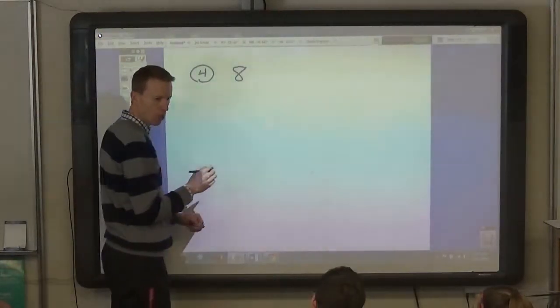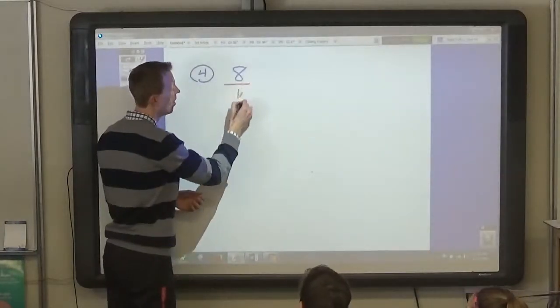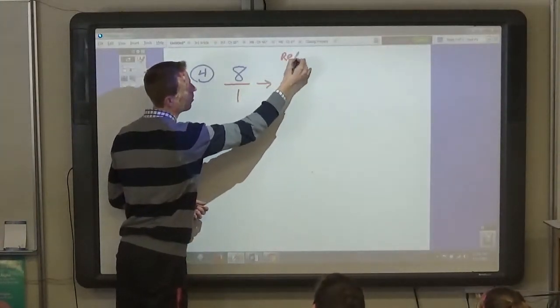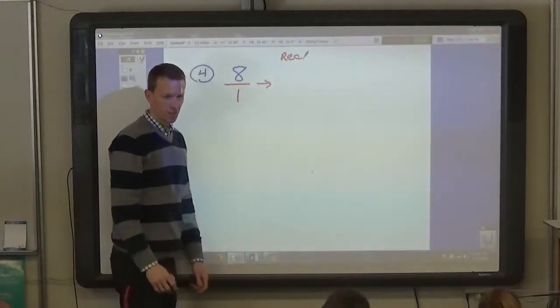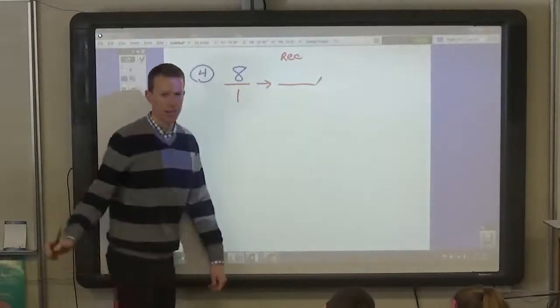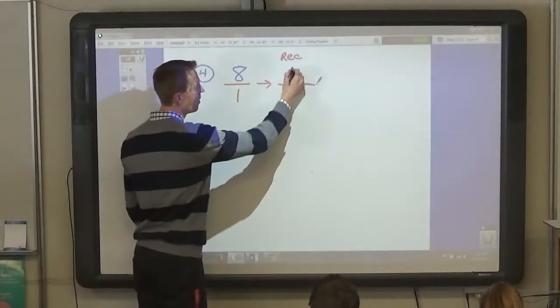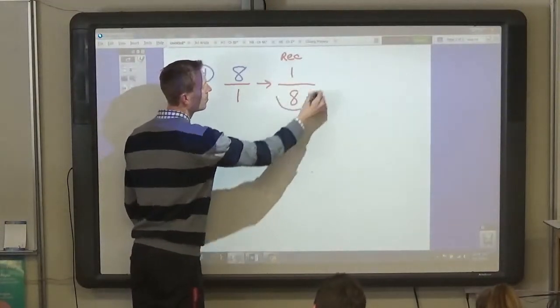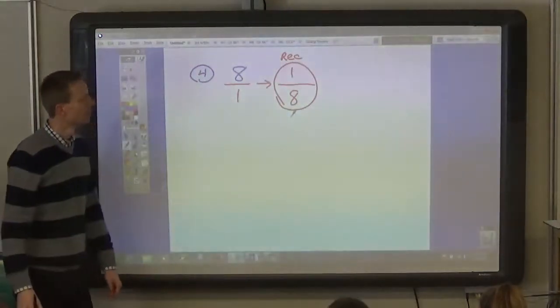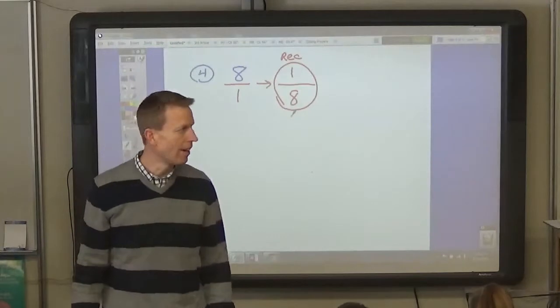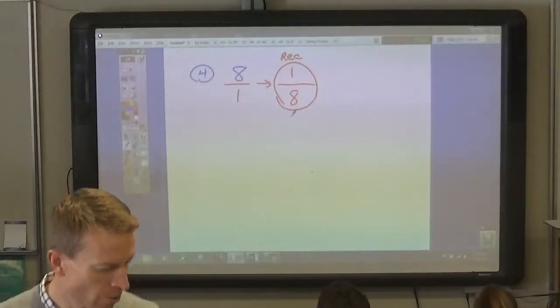So write 8 over 1, and then find its reciprocal. What is the reciprocal of 8 over 1? 1 over 8. Yep. All right, so 1 through 14 for tomorrow.